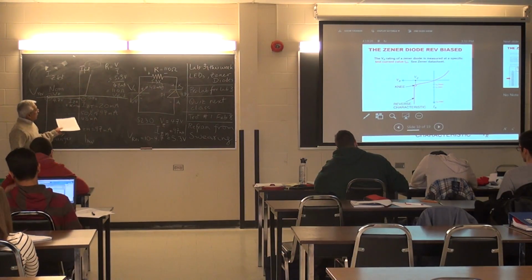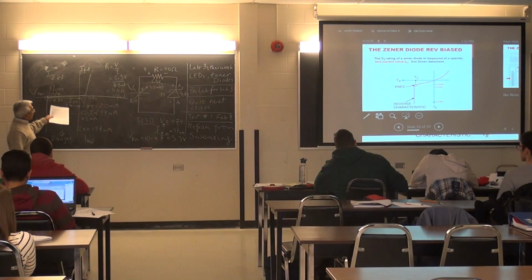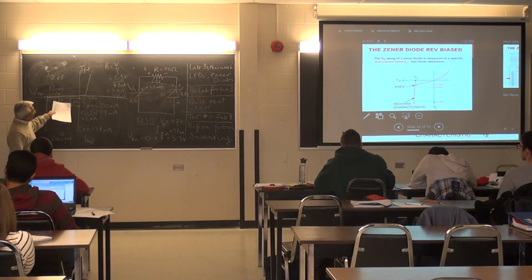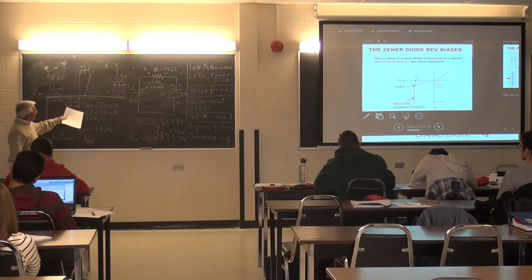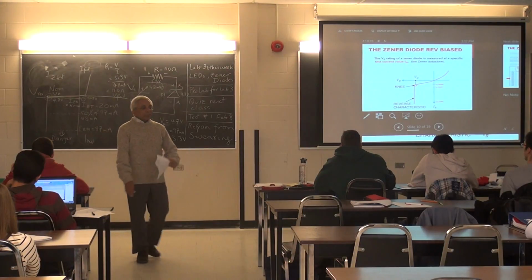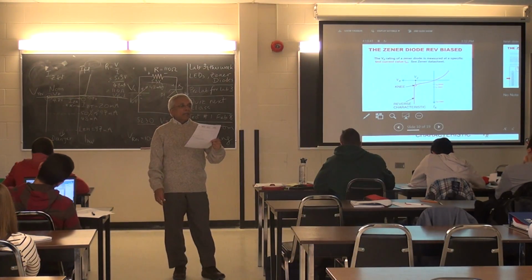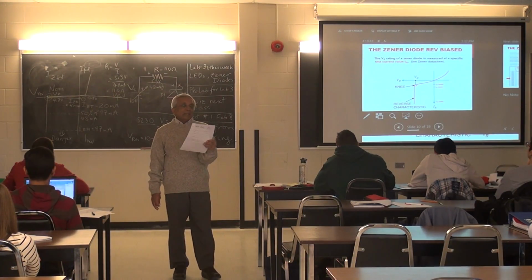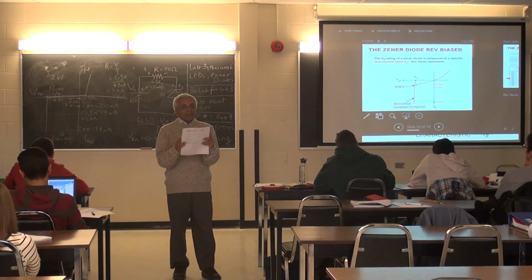Okay, and we can operate it somewhere in this region where it's safe, around the test current, slightly above that, but not close to the maximum value. So those are the things we need to be aware of with the zener: the maximum current, the test current, and the voltage.